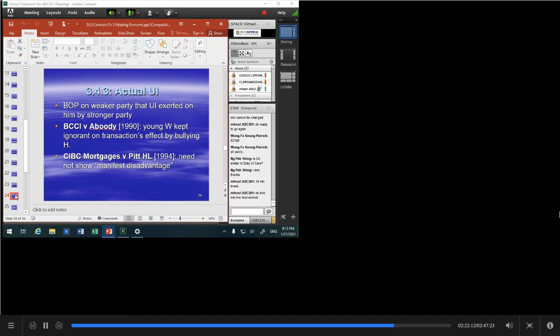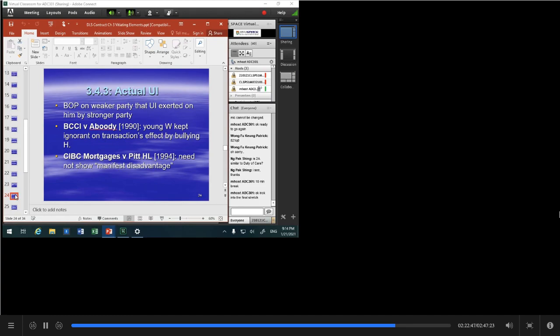Before, the weaker party had to show that the transaction they entered into was to their manifest disadvantage, which is always a problematic phrase. Basically, it means it's to your detriment. But the House of Lords in Pitt said that once actual undue influence has been proved, it is not now a requirement to show manifest disadvantage.